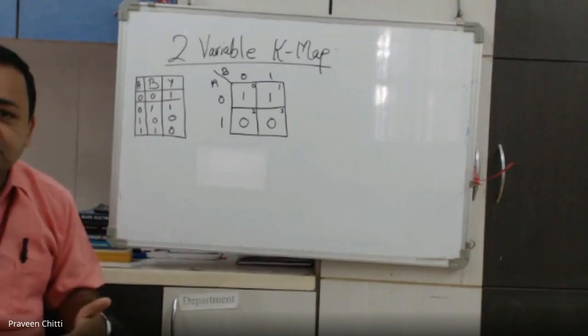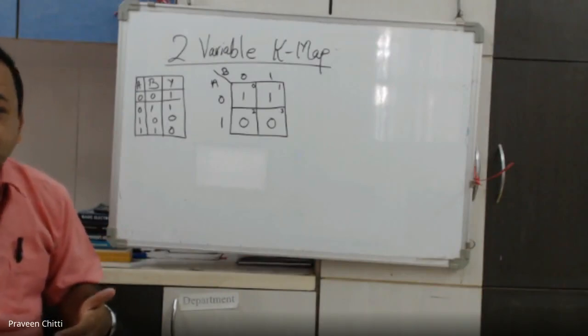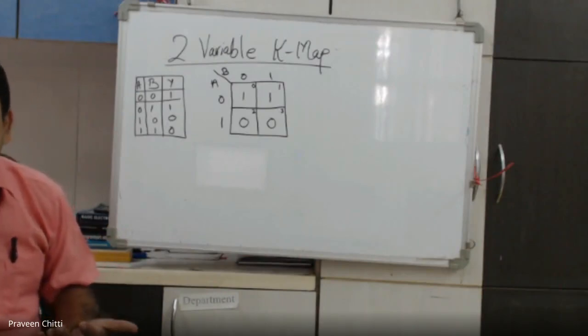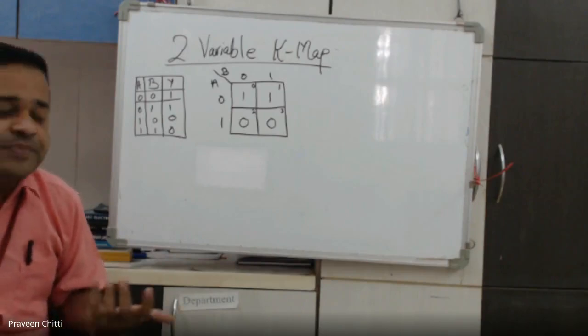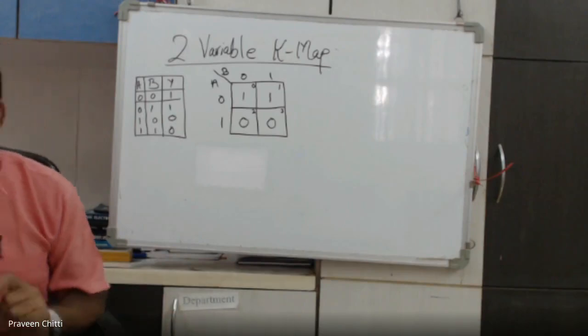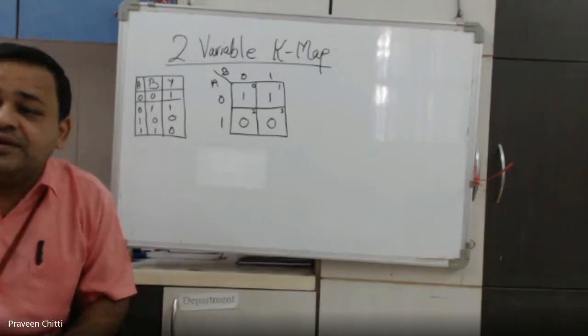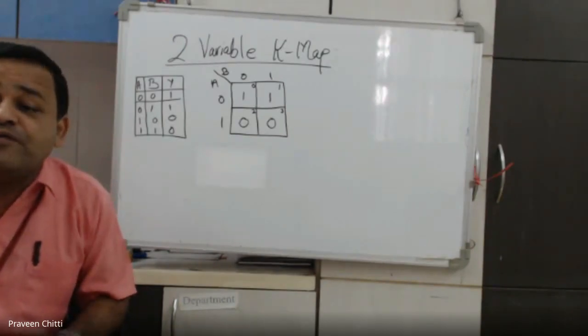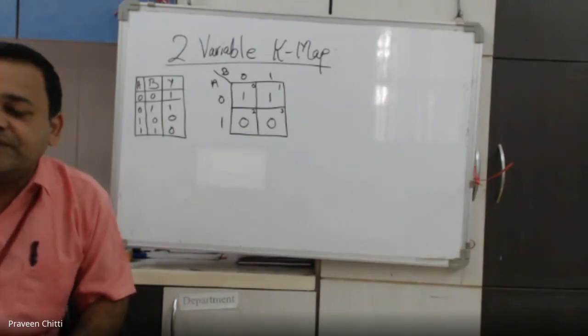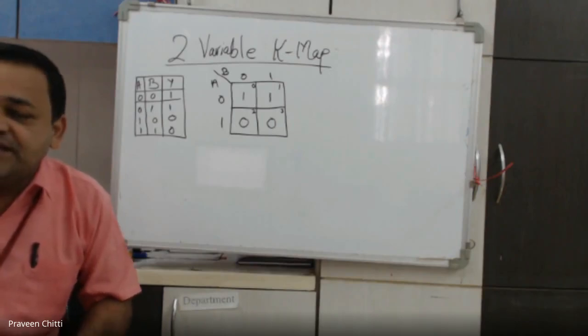Maybe we can form a group of 2 ones. Or we may not form a group of any ones. So always you have to form groups of multiples of 2, or powers of 2. You should not form a group of 3.